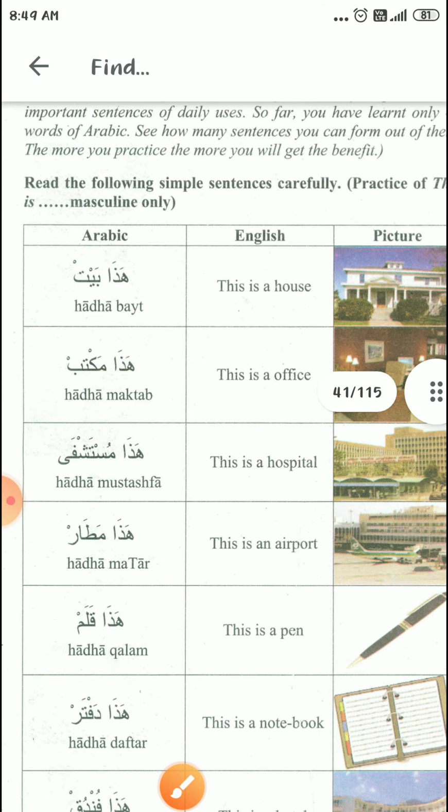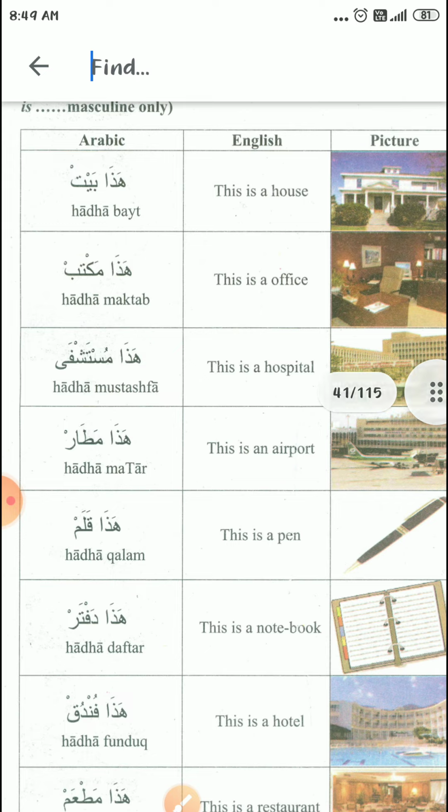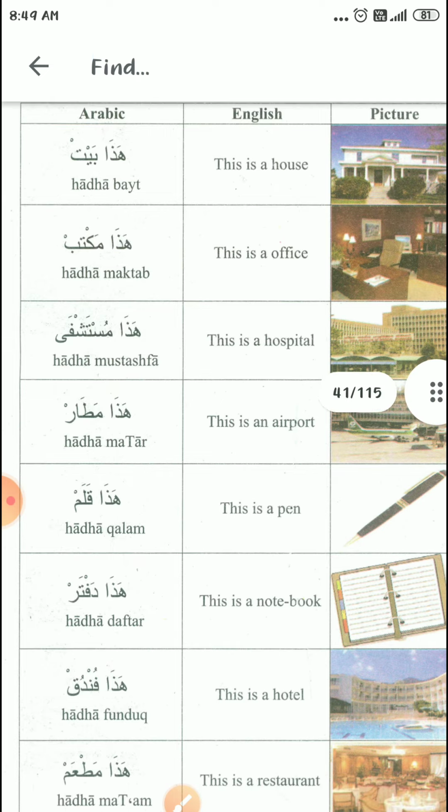Now, there is a second exercise, and in this exercise, we have to form simple but very important sentences of daily use. So far, you have learned only 40 words of Arabic.